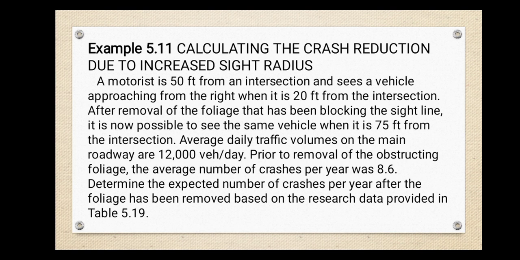Prior to removal of the obstructing foliage, the average number of crashes per year was 8.6. Determine the expected number of crashes per year after the foliage has been removed, based on the research data provided in table 5.19.